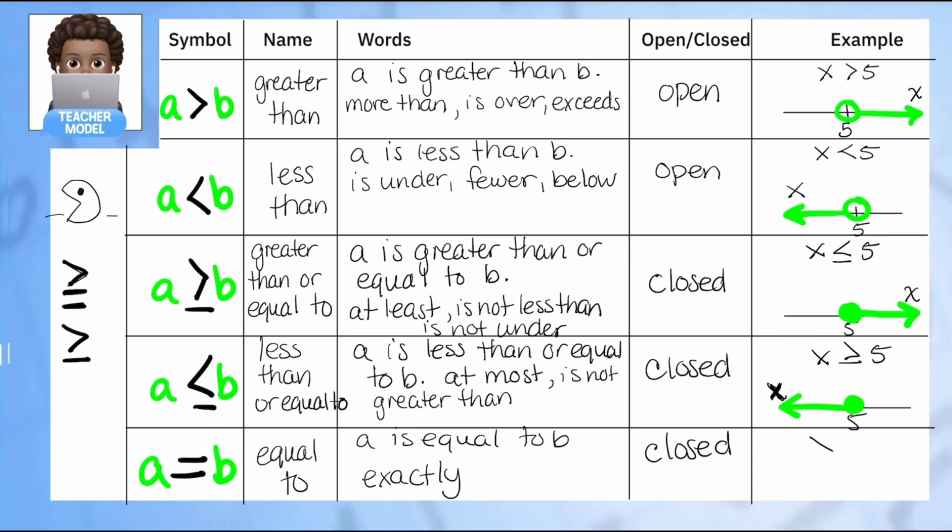So if I have, for example, x is equal to 5, here's my number line, here's 5, and all I would do is make a circle at 5, because there's x.